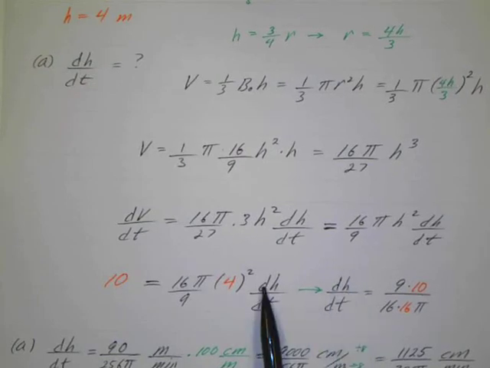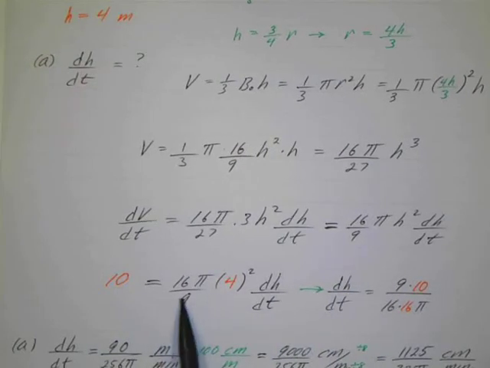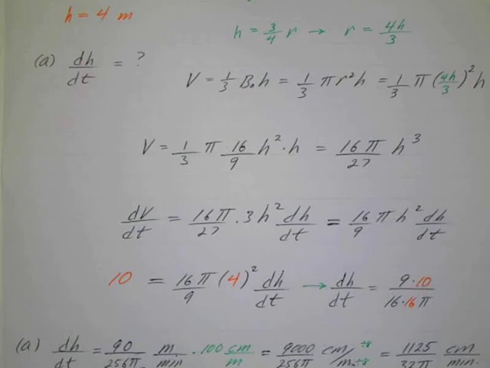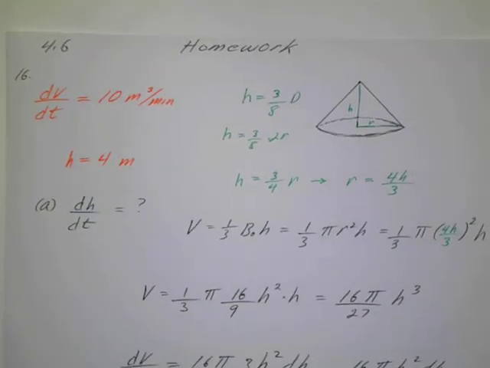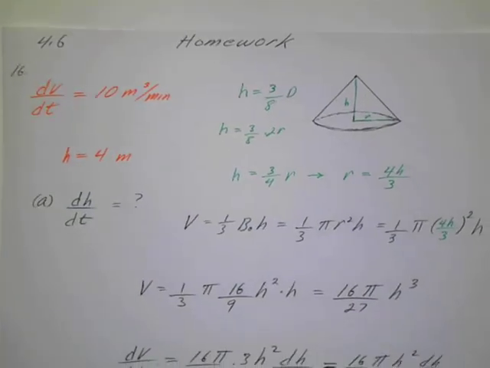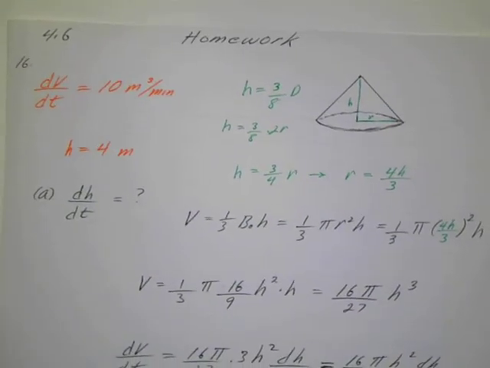So dh/dt equals 9 times 10 divided by 16 times 16 pi, and that's 90 over 256 pi. Now that's going to be meters per minute because my original was in cubic meters per minute and h was in meters.